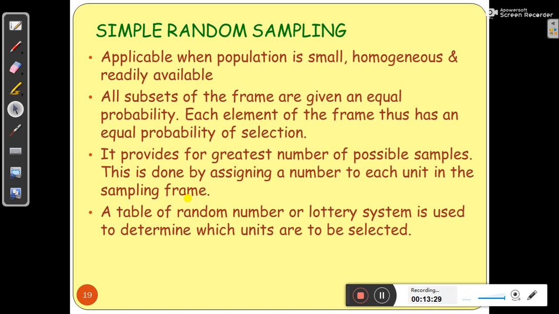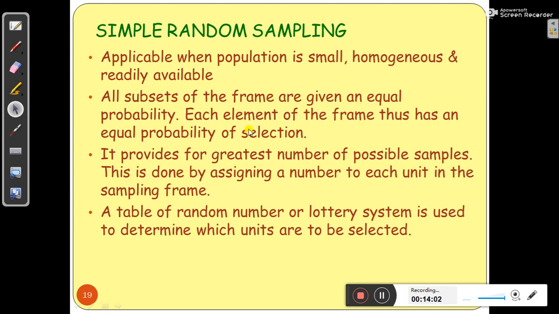So the selection mechanism is simple, and we can assume that all the units have the same probability of being selected, because all the subsets of the frame are given an equal probability.